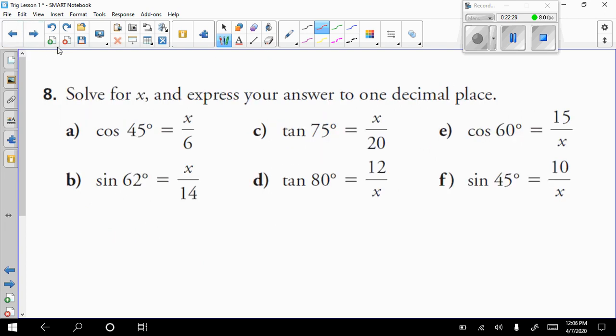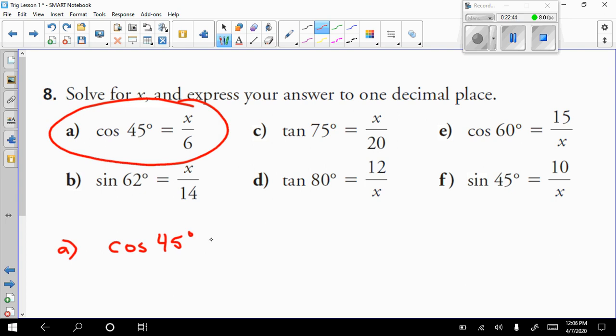For 8, it says solve for x in each case. Let me work on A with you. For A, you know that cos of 45 is equal to x over 6.